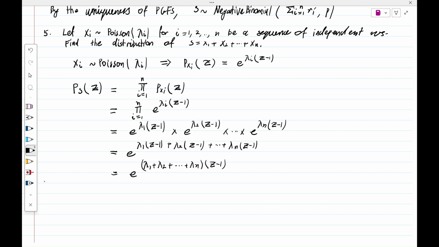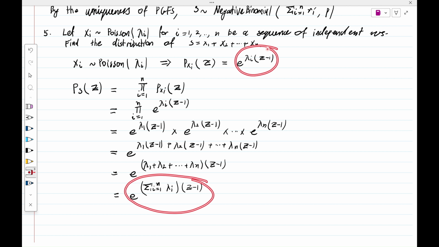And the final step is to simplify lambda 1 all the way to lambda n, which can be rewritten as the sum of lambda i from i equals 1 to n, still multiplied by (z - 1). Interestingly, the expression here looks very similar to the former expression, except instead of the sum of lambda i's, we just have a single lambda i.